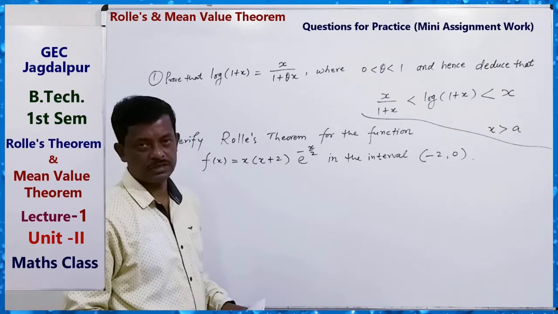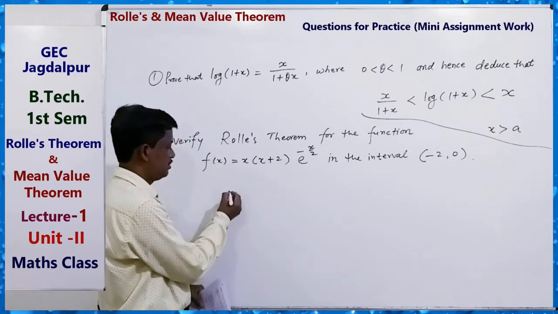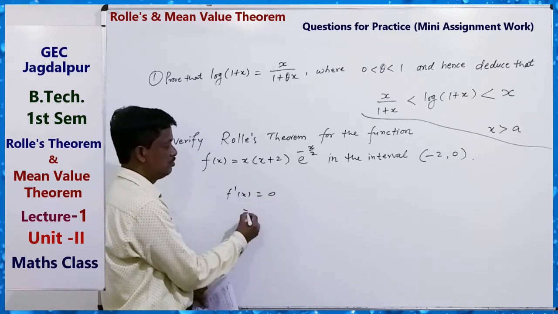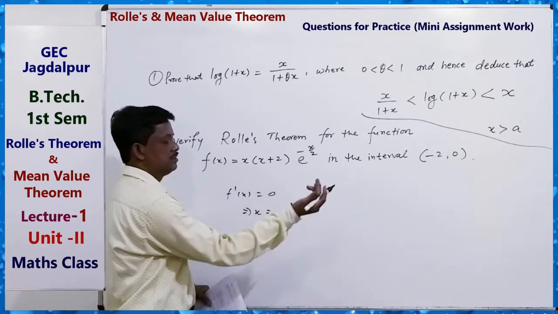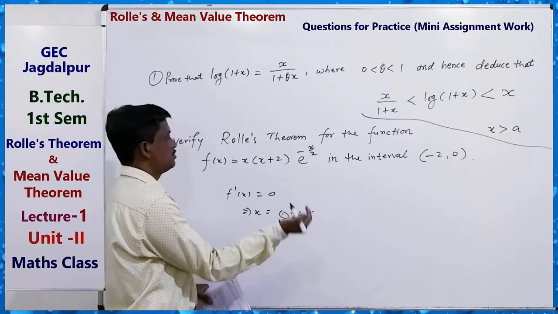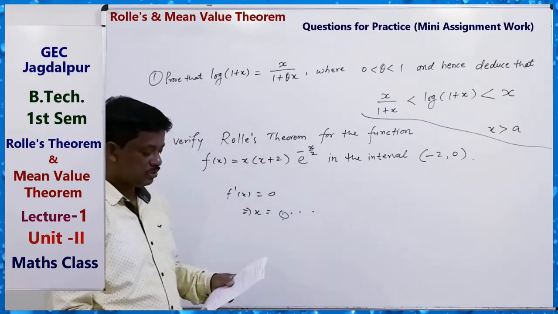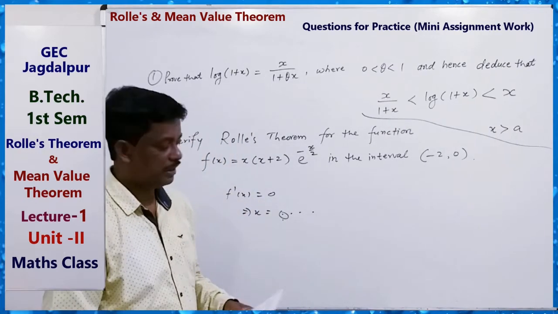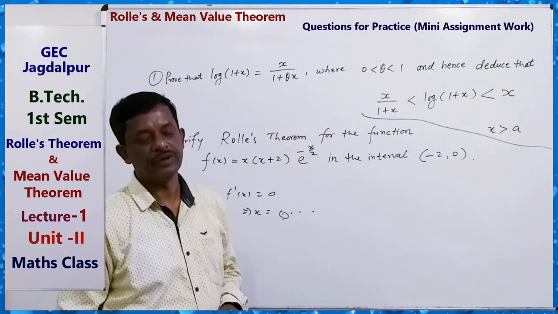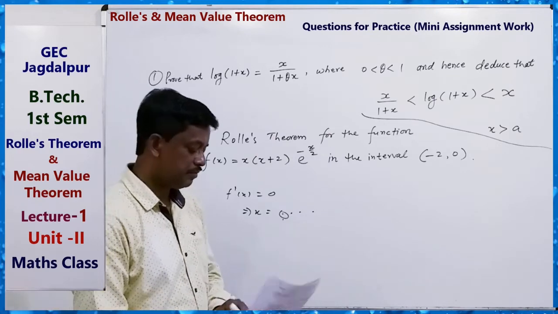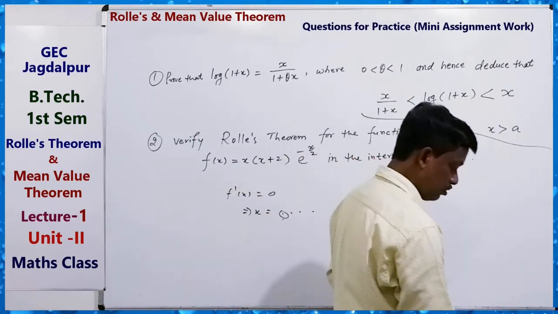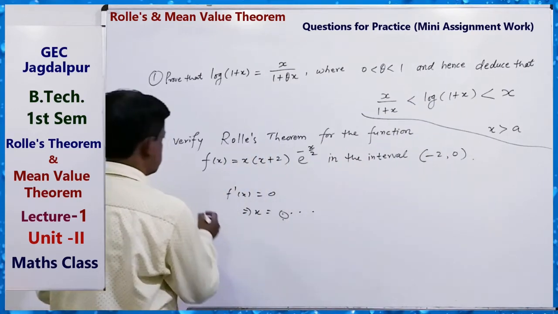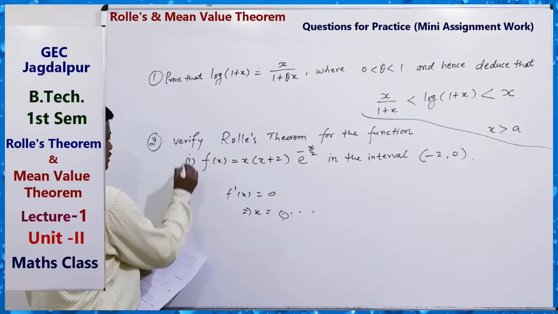Rolle's theorem conditions are satisfied. Just find the derivative and equate it to 0; the value of x must lie in minus 2 to 0. Then we can say that Rolle's theorem is verified. Similarly, do the verification of Rolle's theorem for the first function and the second function.